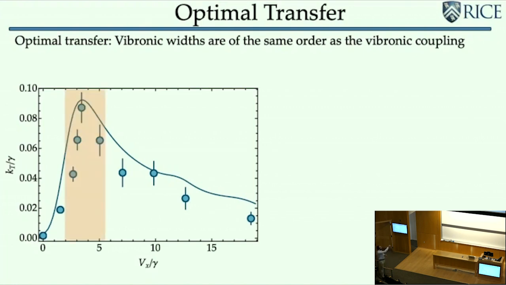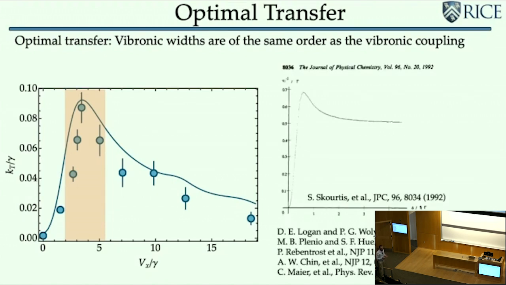Here you can see that this phenomenon is actually quite general. It's been predicted for this simple model, this is not exactly the same model, that's why this is saturating at a certain value. It's even simpler than the one that we use here, where we see that it decays for very large Vx.